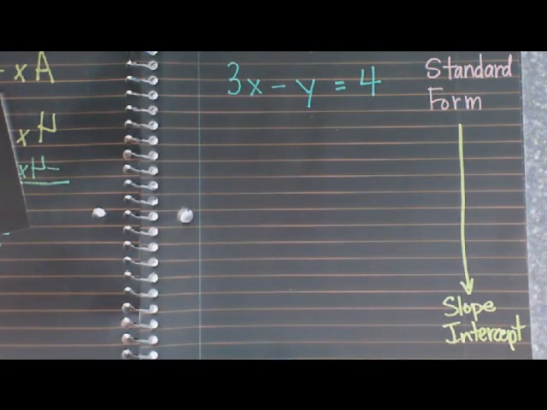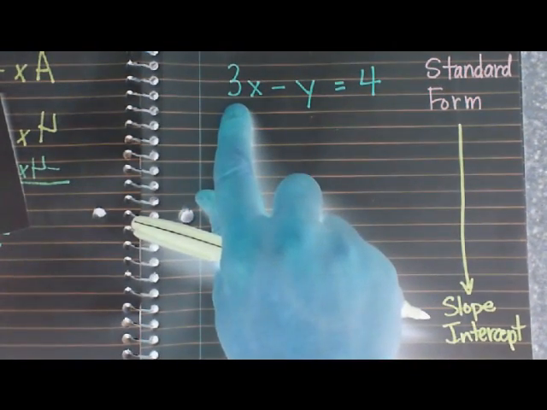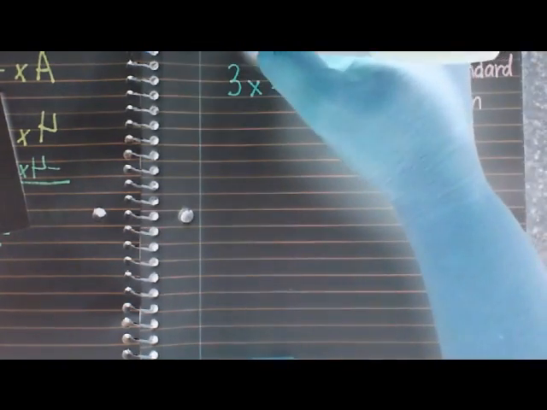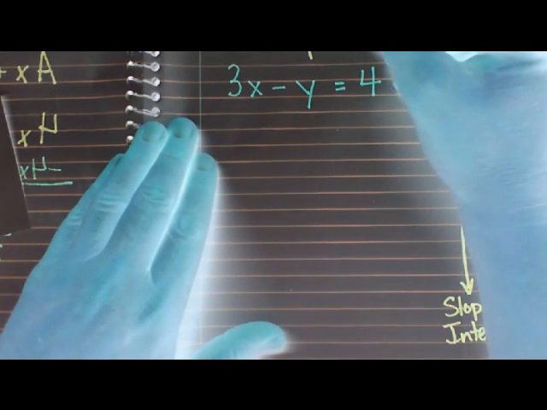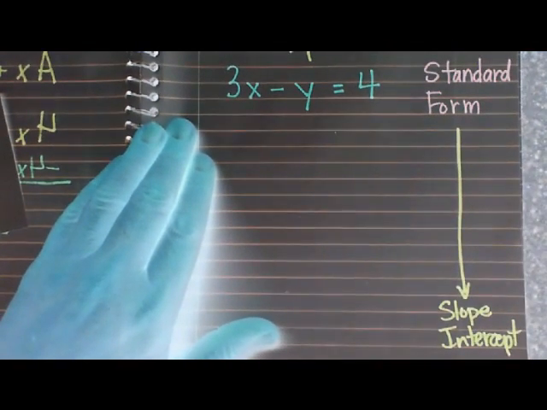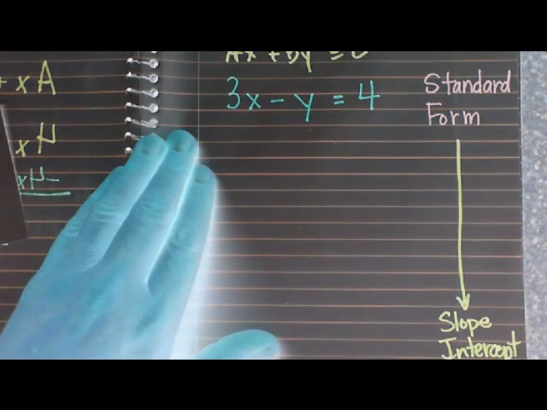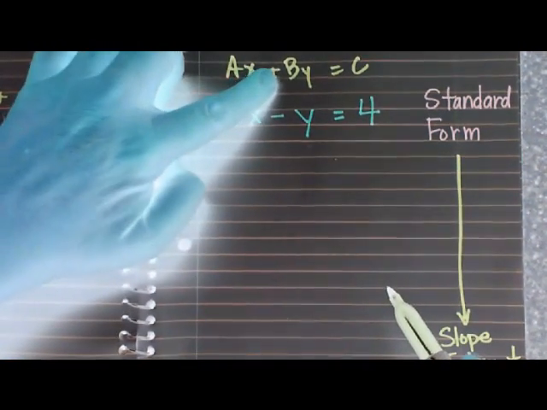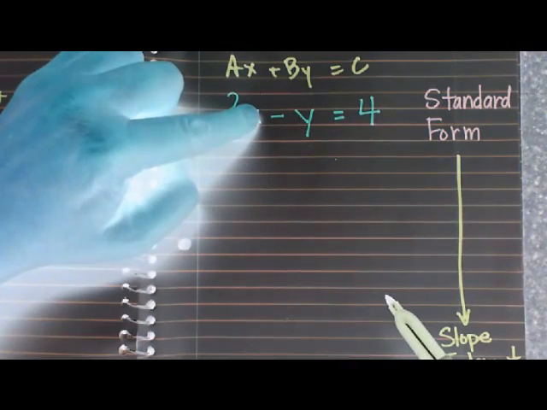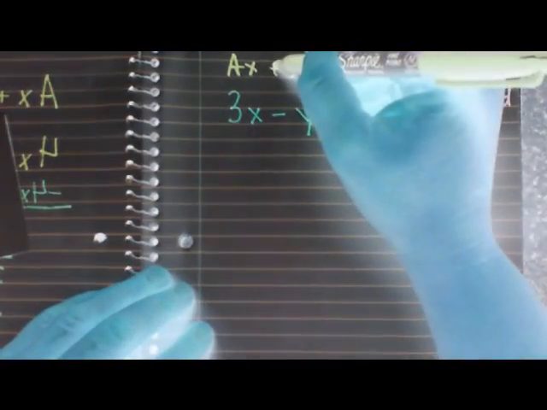One more quick example. We've got a standard form of a line. The form is AX plus BY equals C. That's the standard form. A would be 3, B would be negative 1, and C would be 4.